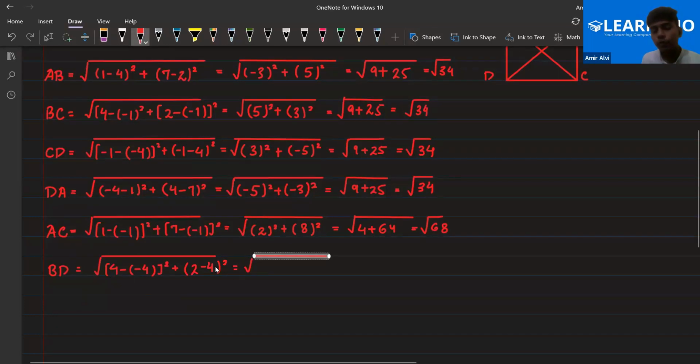So that is negative 4. Negative of negative 4 would be positive 4. 4 plus 4 is, sorry, 8. And this is negative 2 whole square. The answer would be same as that of the previous one.